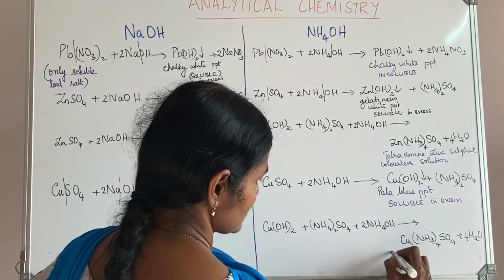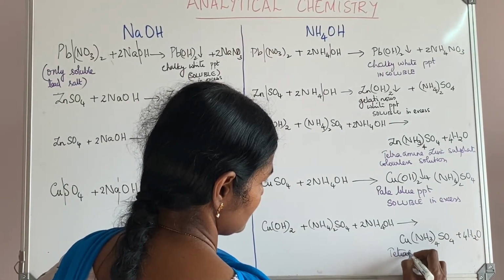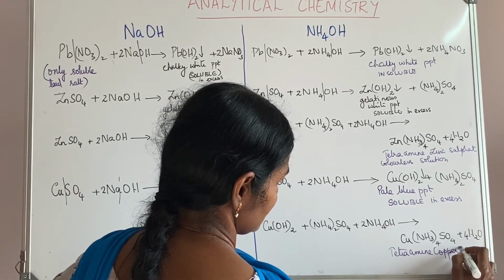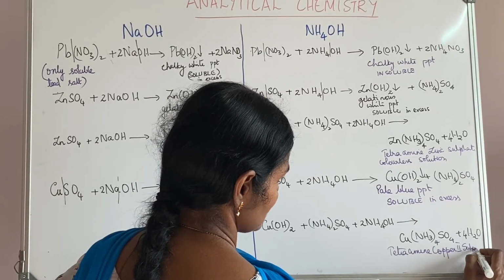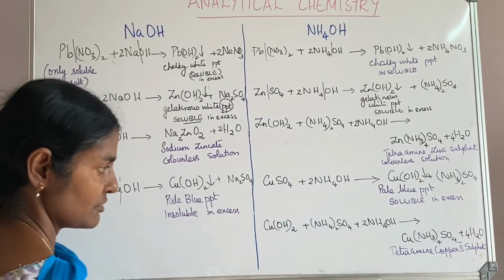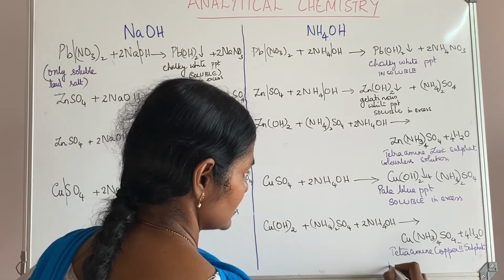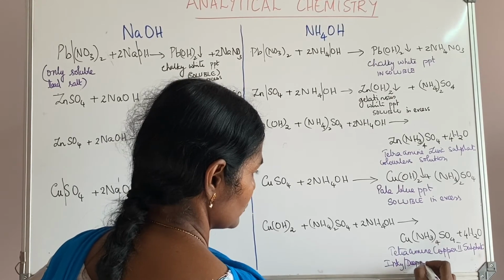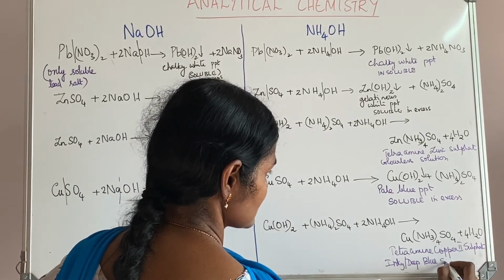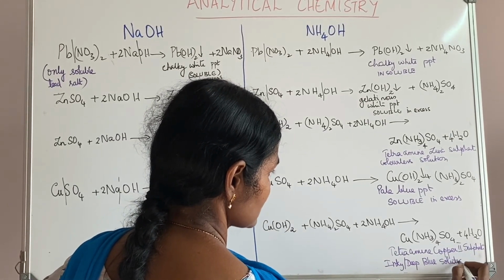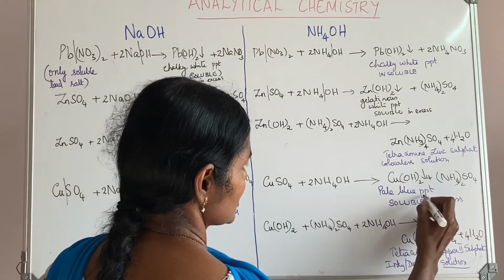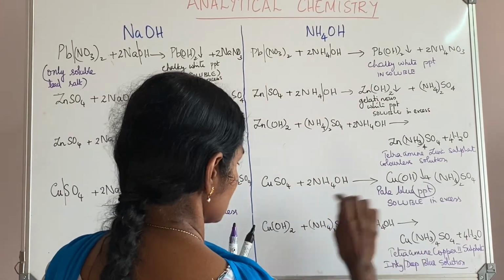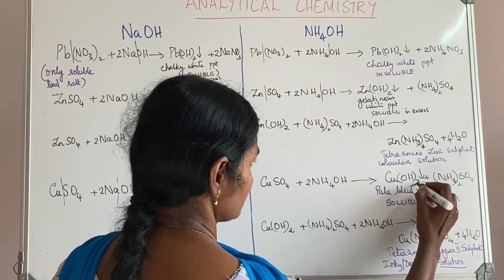This compound is called tetraamine copper(II) sulphate, because the valency of copper in this case is 2, and it is an inky or deep blue solution. This is very, very important because the word solution is important. Here it is precipitate that dissolves to form a solution. So that we should have in mind.